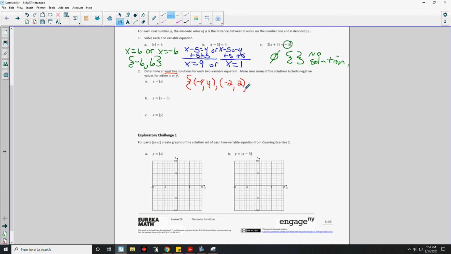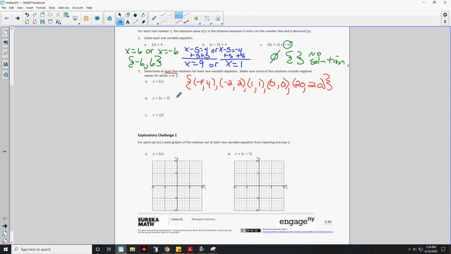Y has to be 2. Let's do a positive number, 1. Absolute value of 1 is 1, so y is 1. And then how about 0? Well, the absolute value of 0 is 0, so that'd be the point 0, 0. And then we could do a bigger number like 20. The absolute value of 20 is 20. And there's 5 solutions.